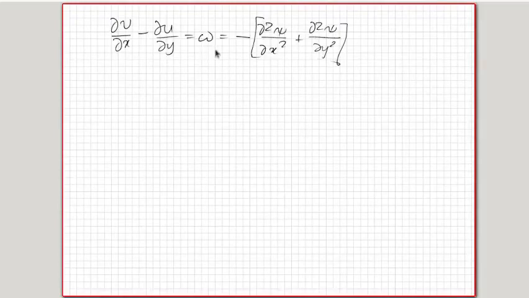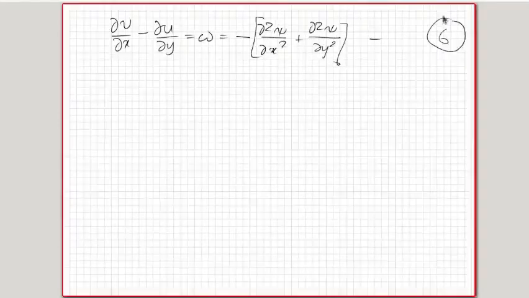So you get an equation del squared psi by del x square plus del squared psi by del y square equal to minus omega. Okay, so this is, let us say, equation number 5.